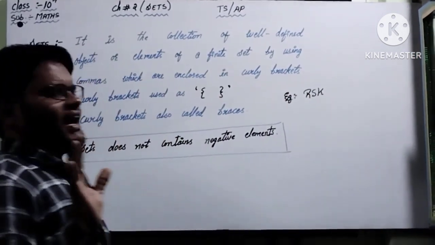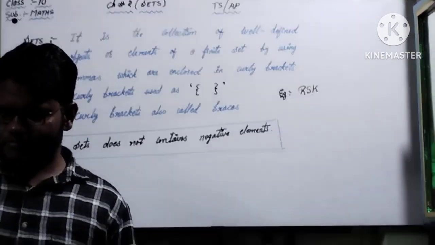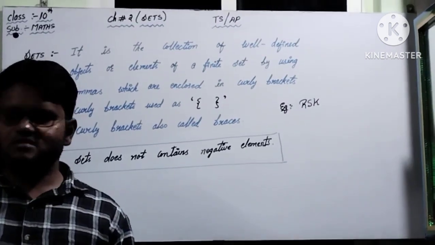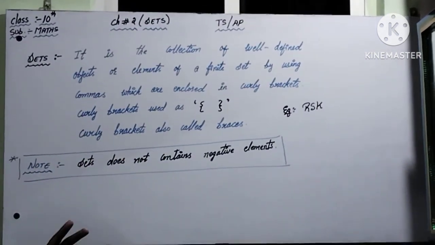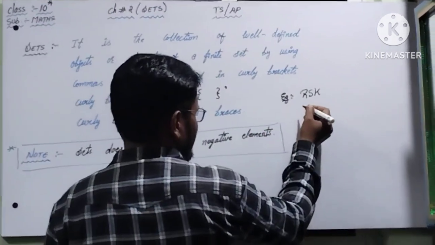I will use RSK, because Rahman also has double letters, and A is double. So I will use only these three letters, RSK.